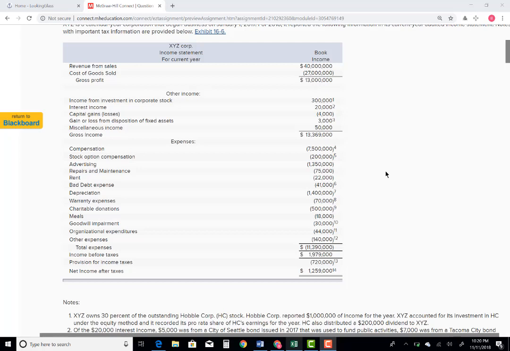Now, this is going to be different from what we file on our tax returns. We're showing about 1.259 million in income after taxes for book purposes, but there are going to be some adjustments between these numbers and what we're actually going to report on our tax forms.